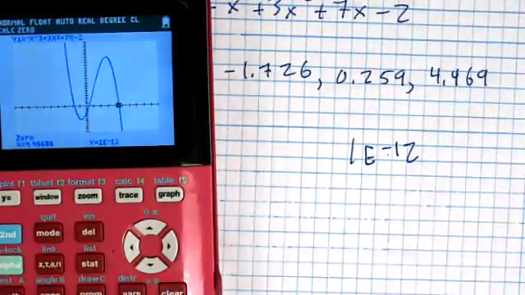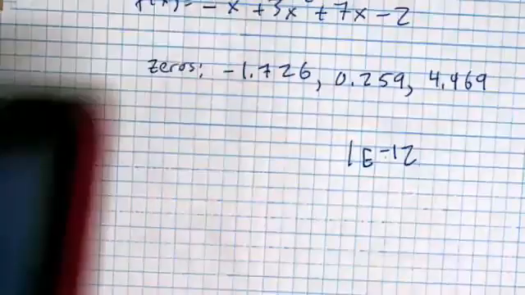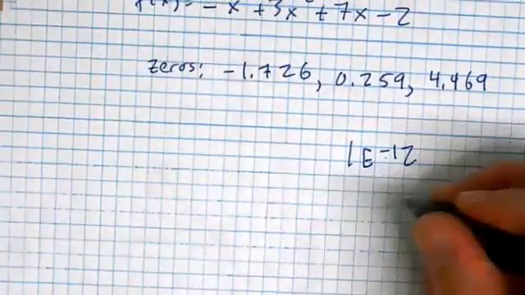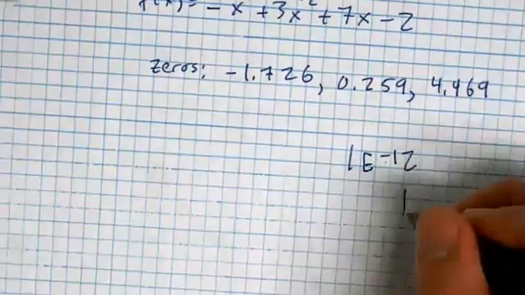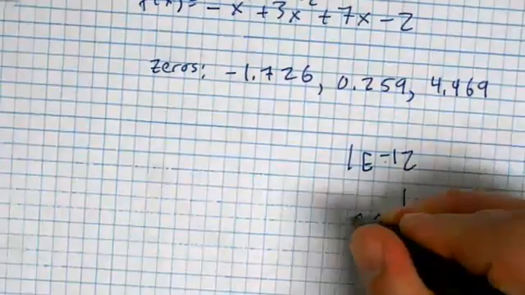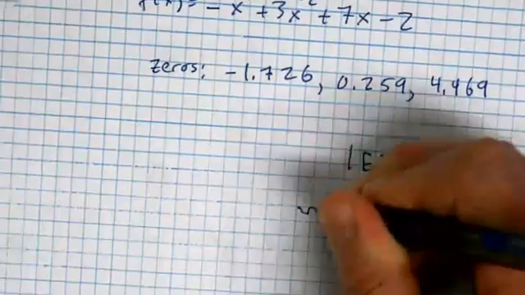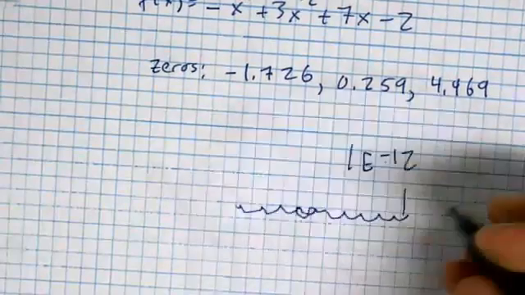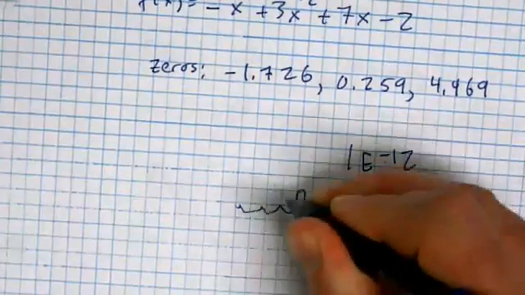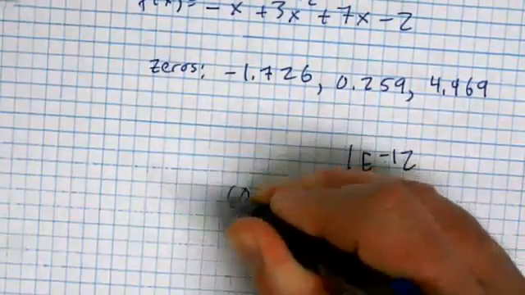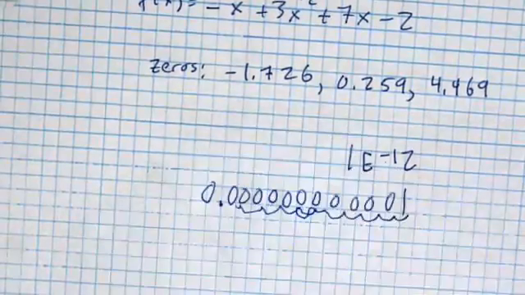That's basically 0, right? Because 1e negative 12 means take a 1 and move the decimal place 12 places to the left. So 1, 2, 3, 4, 5, 6, 7, 8, 9, 10, 11, there's going to be 11 zeros here. You're looking at that number right there.